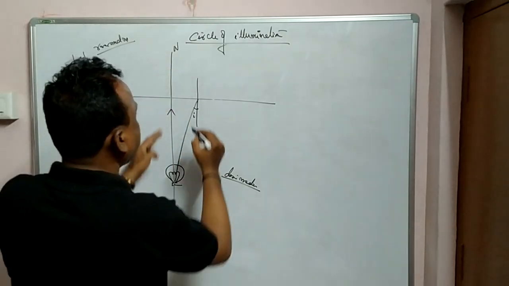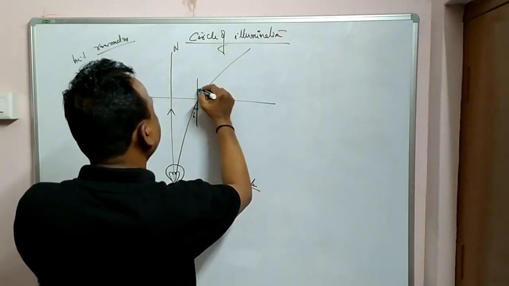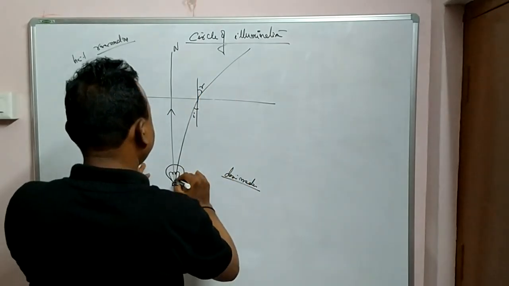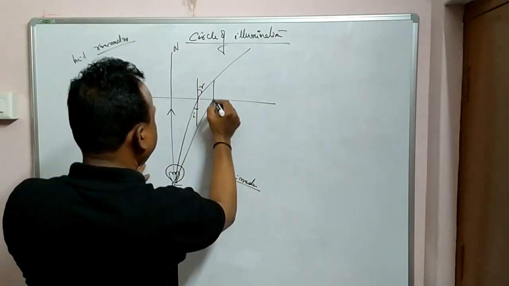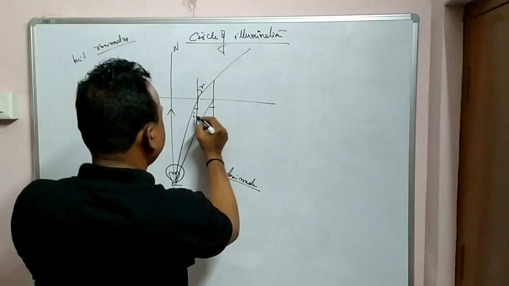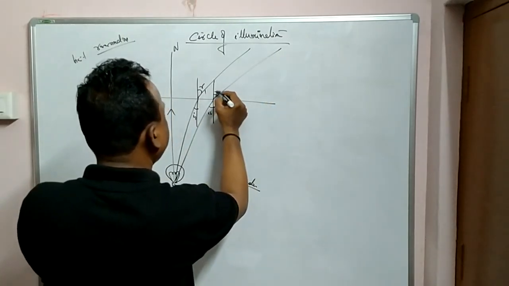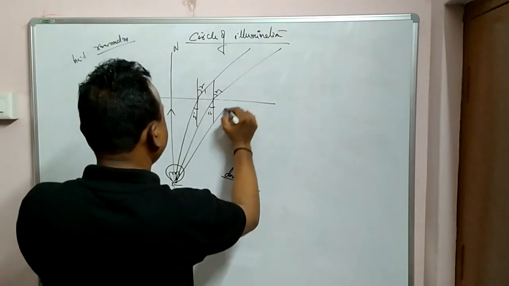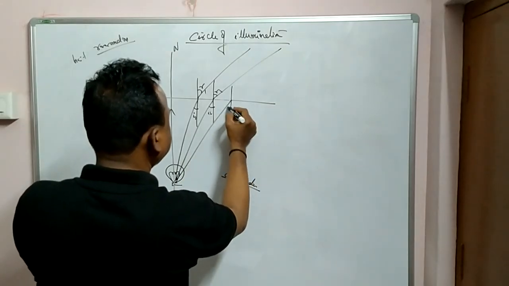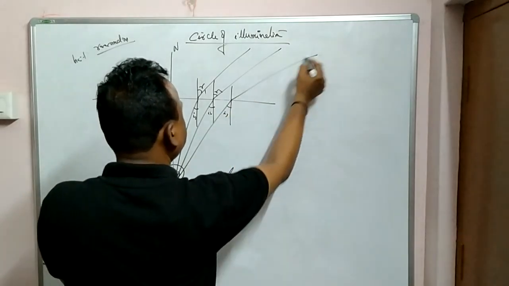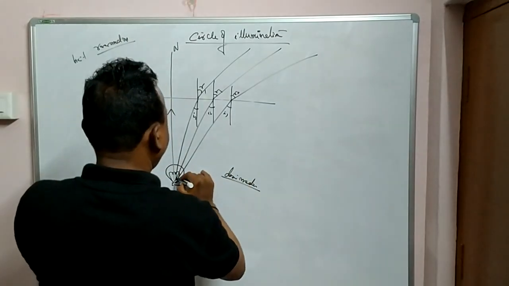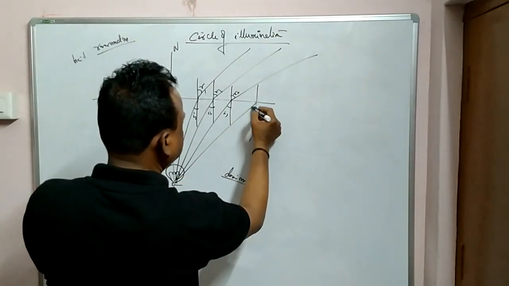Light goes from denser to rarer, and goes away. In the same way, again normal, I1, I2, R1 goes away. You can see the refraction angle R is gradually increasing, you can see I3. So what happens at a particular time?